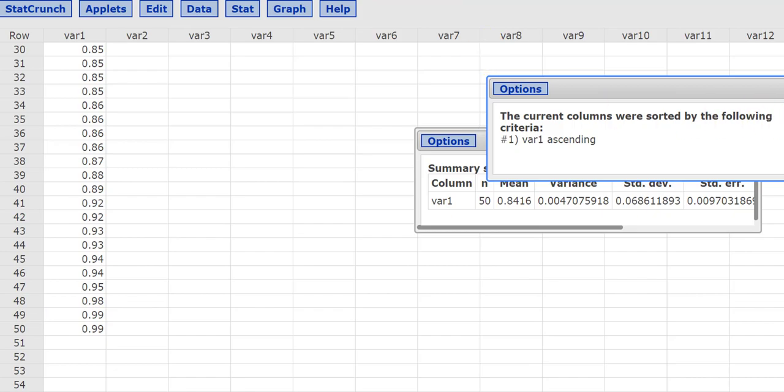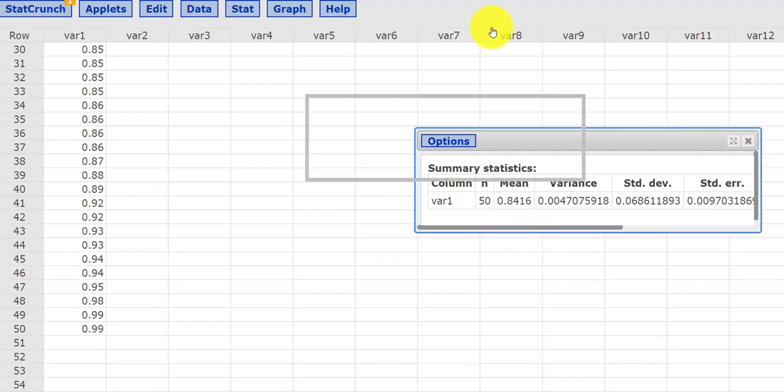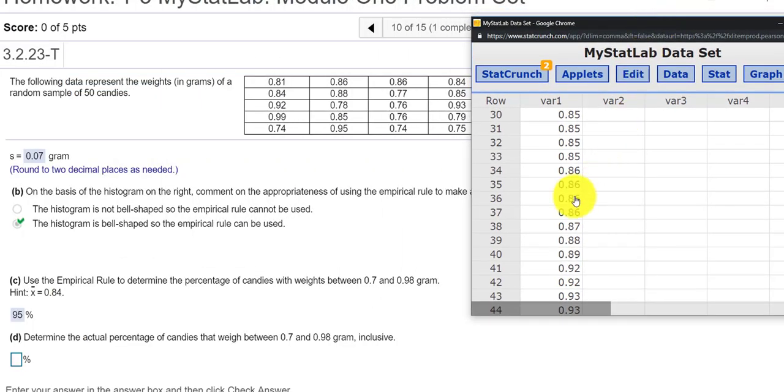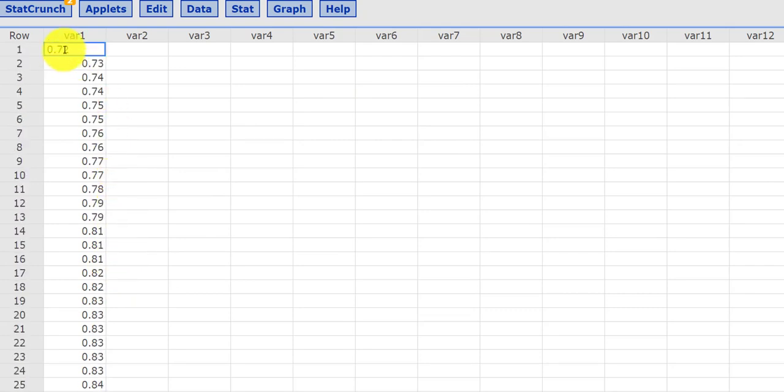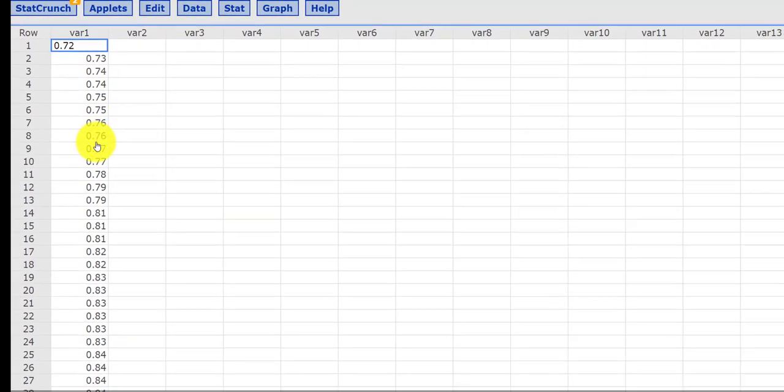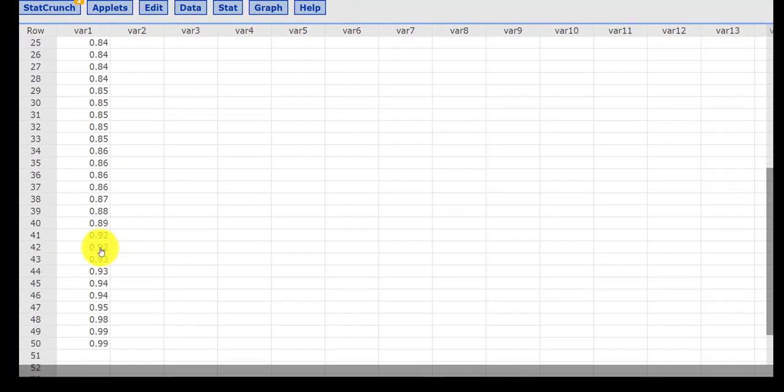And we want to know, let's just close that out. All right, so we want to know how many of my candies fall between 0.7 and 0.98. So you would have to actually calculate, here's 0.7. So basically all of these are greater than 0.7, and we go all the way to 0.98.